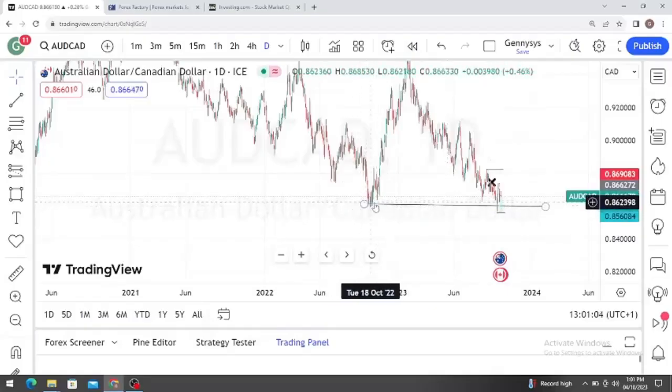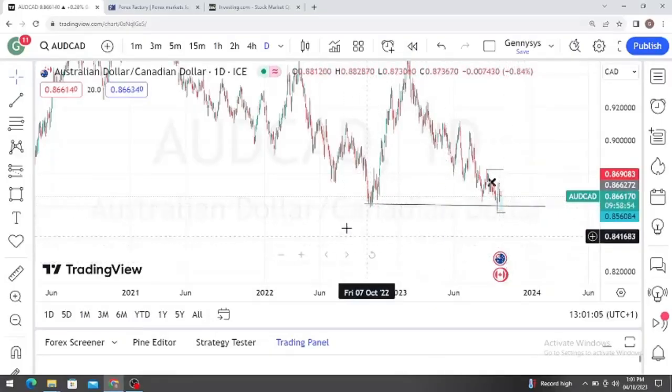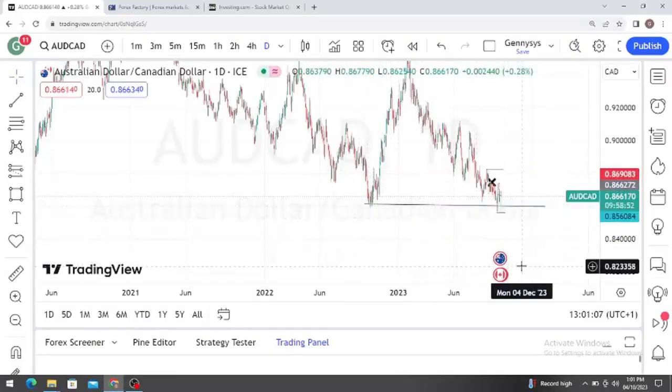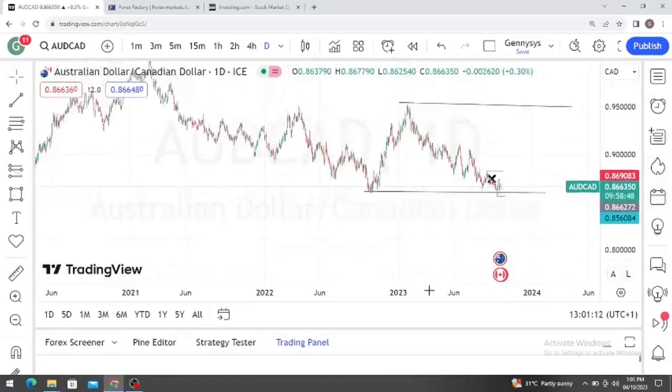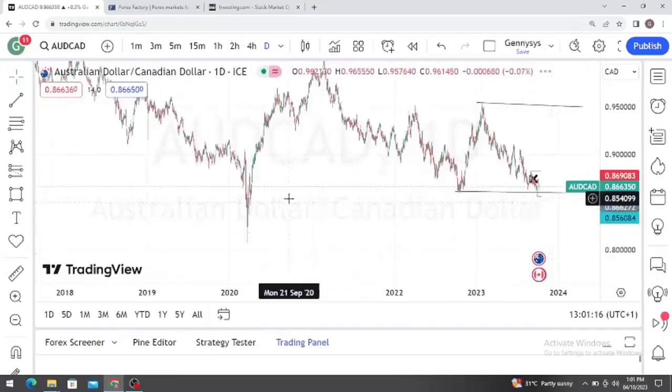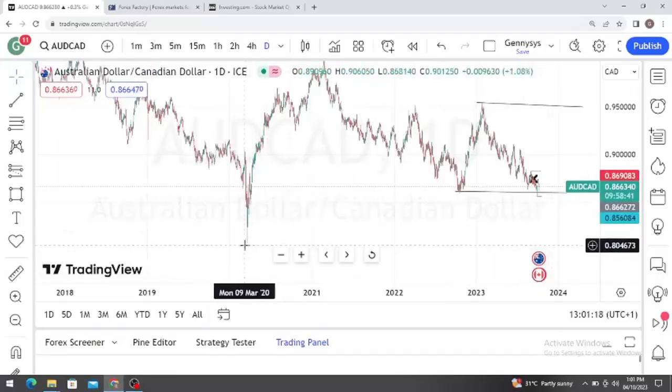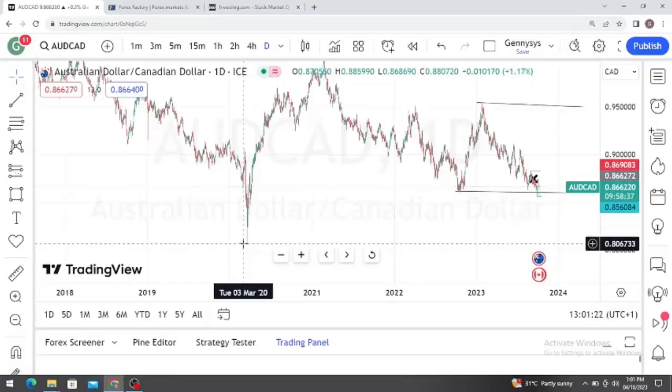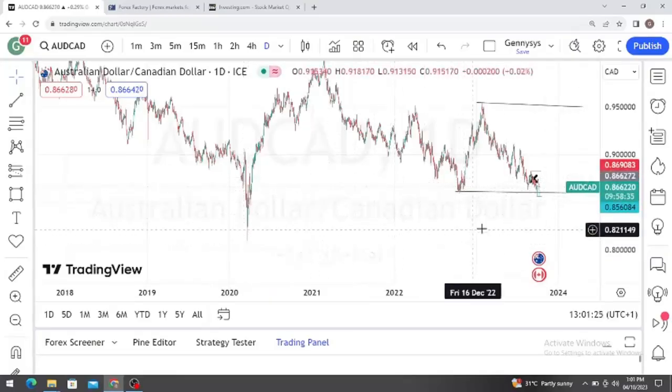So the idea is to create a new daily low that will be much lower than this low. Of course you could just take profit here, or you could leave it to run as long as it goes. Just trail your stop loss and see if it will target these lows and take them out. Okay. All right.